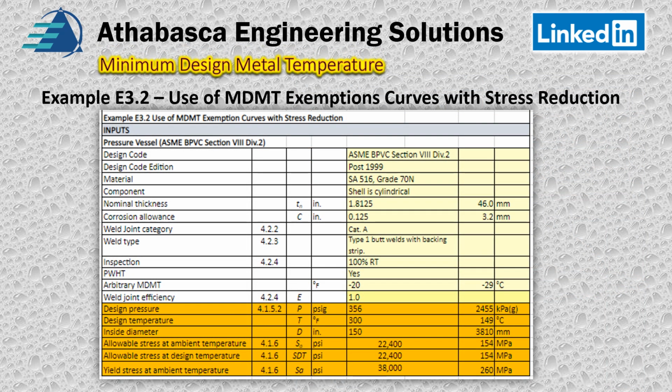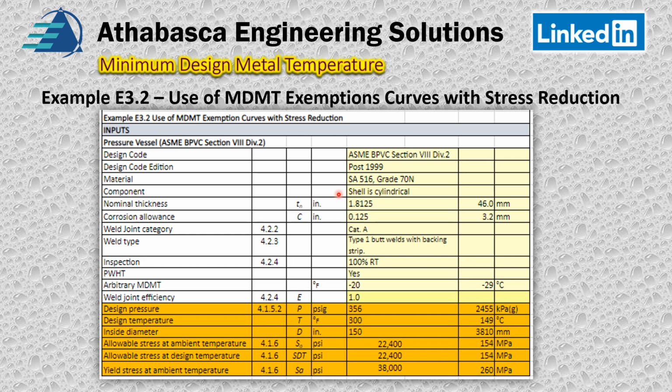Okay, so let's take a look at this example we have here. We're doing a Division 2 analysis. This is exactly the same example as before so that you can see the progression. In summary, it's a post-1999, SA-516 Grade 70 material, in the same location as previous.